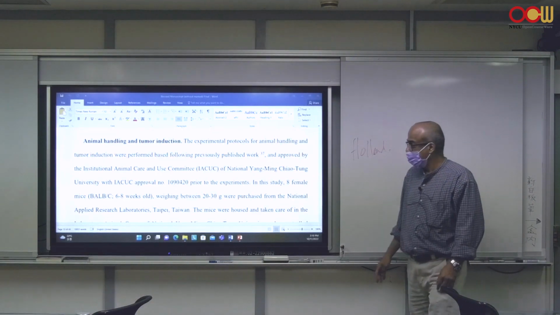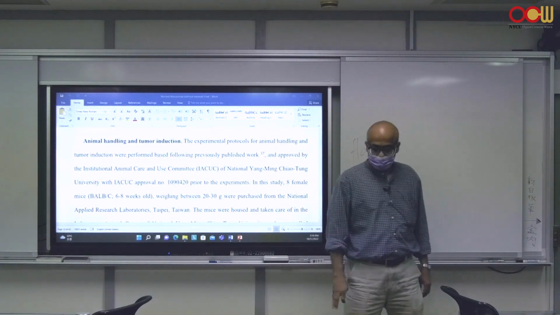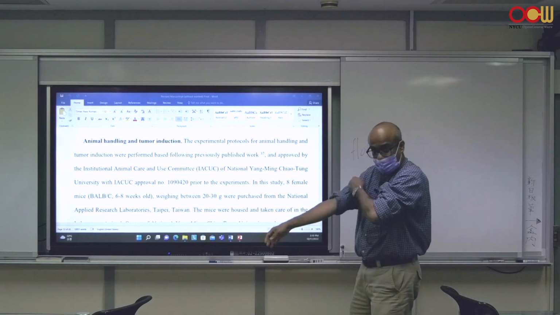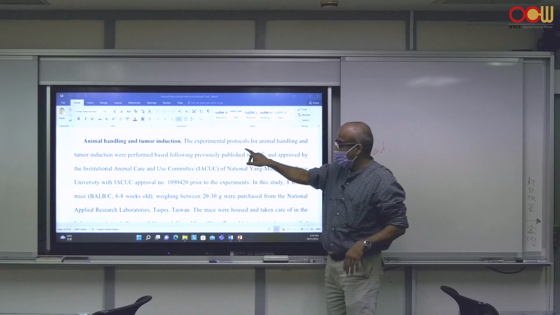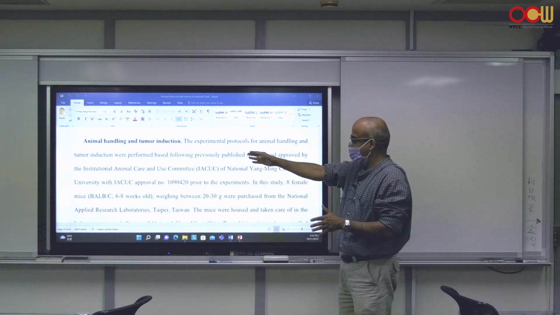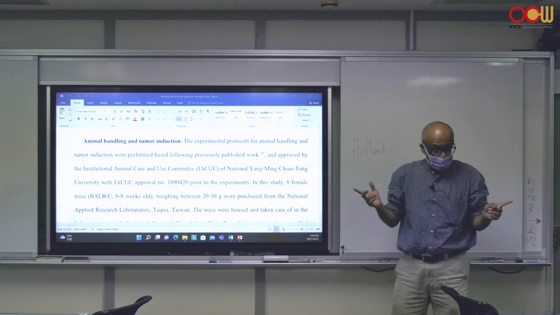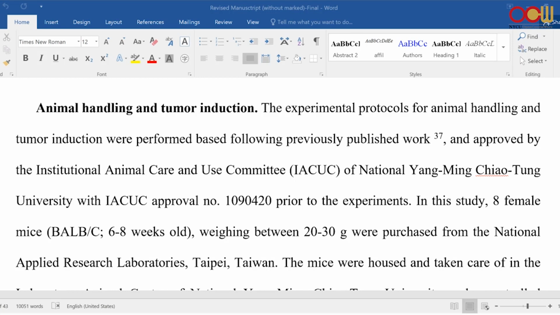If any of you are working with animals, animal handling is also experimental, so you have to know how to write that. This is a typical example of animal handling and tumor induction if you work with this. So the experimental protocols for animal handling and tumor induction were previously published work, and approved by this IACUC.